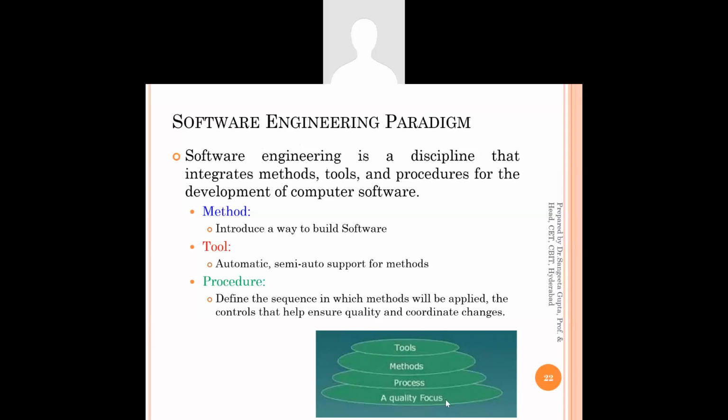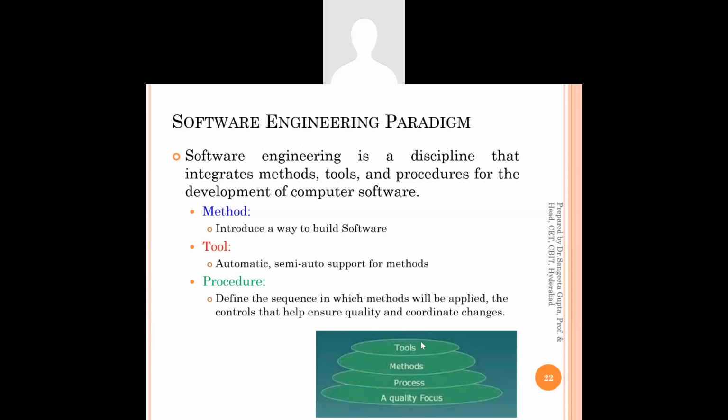At the lowermost layer, we have a quality focus, which is the foundation to develop any software in the real world. When we talk about the methods, these are providing us a significant mechanism to build the required software. These software can be built by using various tools and by following a set of processes.